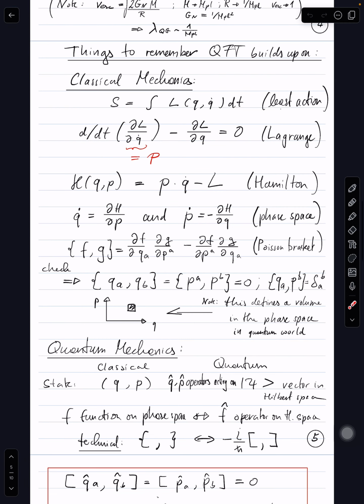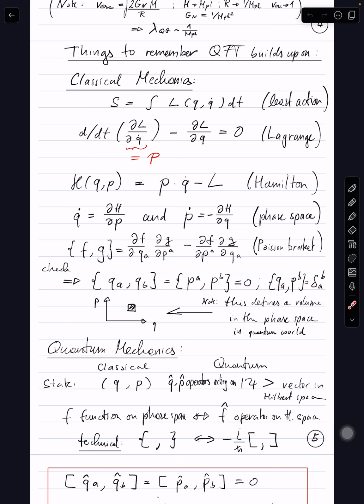Now, good. A couple of technical things to remember for this course, and we will cover them in more detail in the next lectures, but just as a brief reminder of what we will talk about: classical mechanics. Fundamentally, classical mechanics deals with the Lagrange function. The time integral over the Lagrange function gives us the action, and the fundamental principle governing the physical world is the principle of least action.